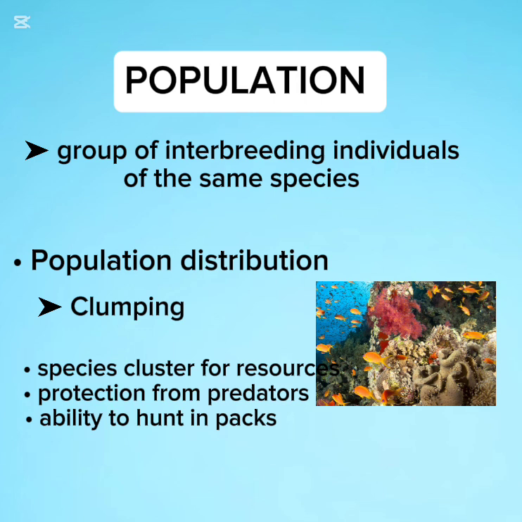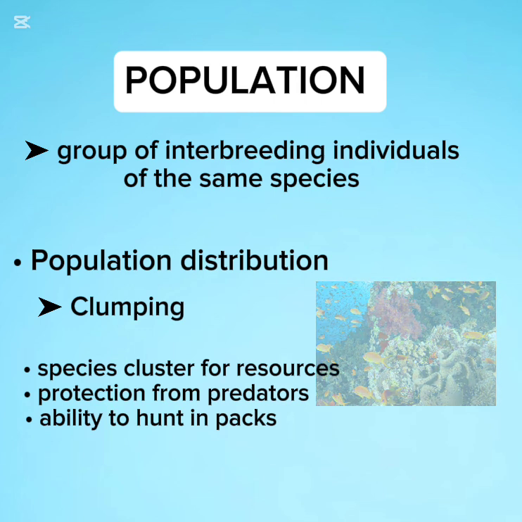By banding together, individuals can evade predators more effectively and enhance their survival. And the last one is ability to hunt in packs. In the case of predatory species, clumping can facilitate cooperative hunting strategies, allowing groups to take down larger prey or increase their success rates.